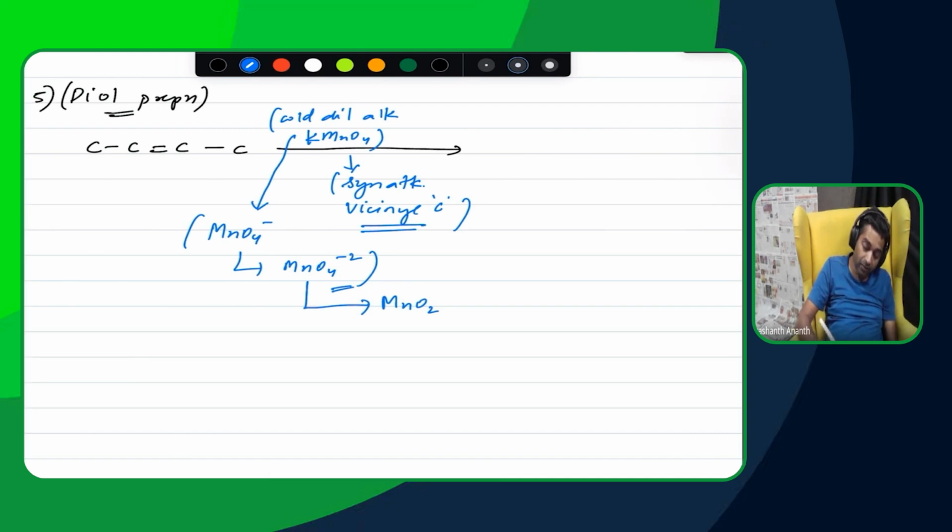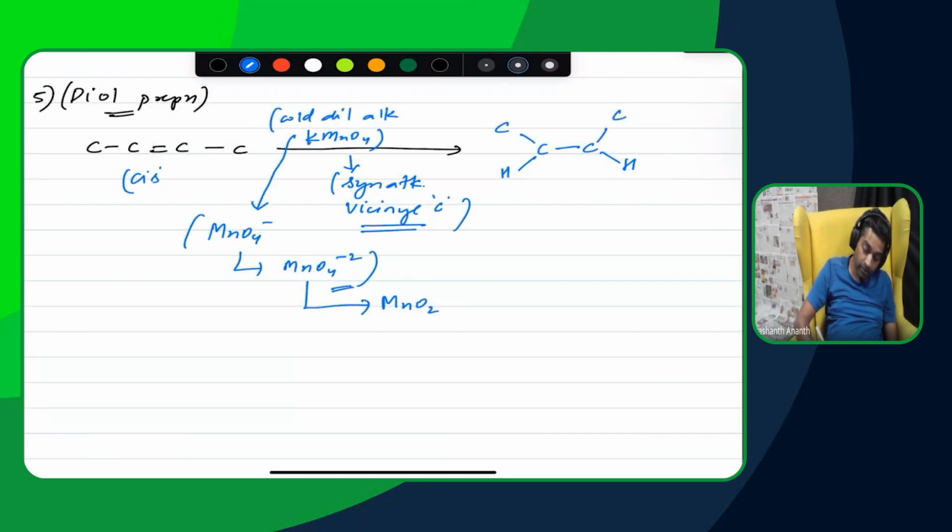So with syn attack on vicinal carbons, you'll get the product. Or you can think of it like this, we'll put hydrogens over here. We'll call it a cis compound in the beginning.